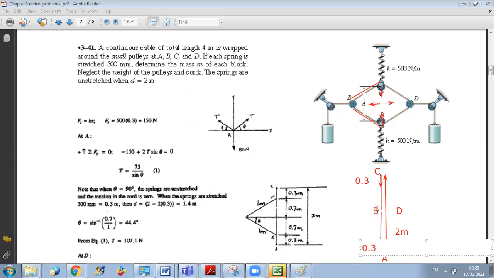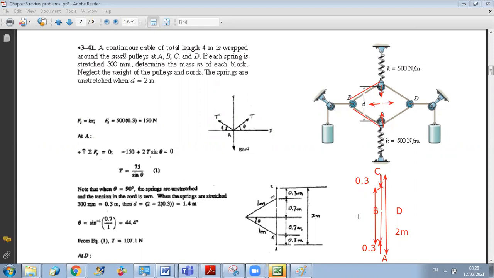If initially the separating distance was 2 meters, and C will go down 0.3 to give a new point C prime, a new position of C, and A will go up to give a new position of A, then what will be the resulting separating distance? It's 2 minus 0.6, it's 1.4, okay?